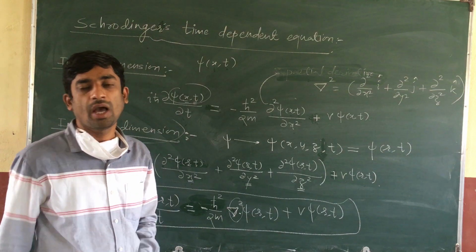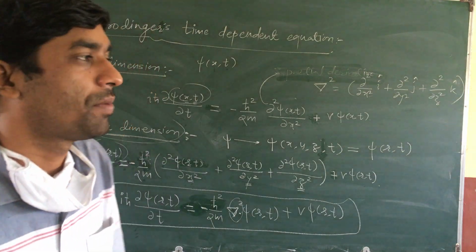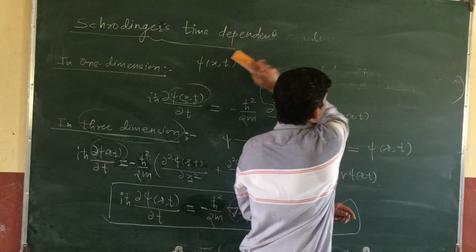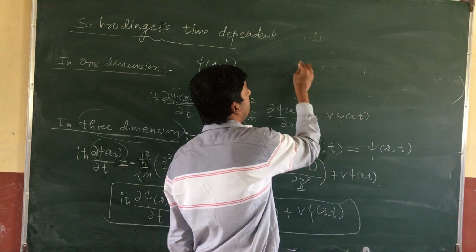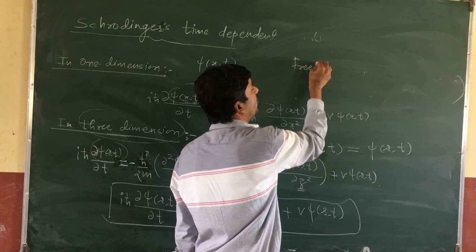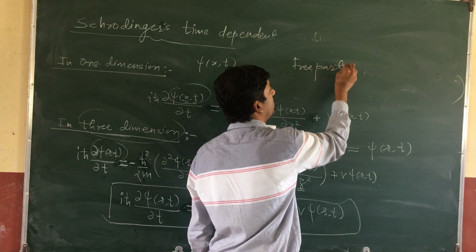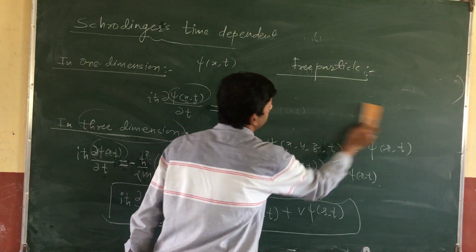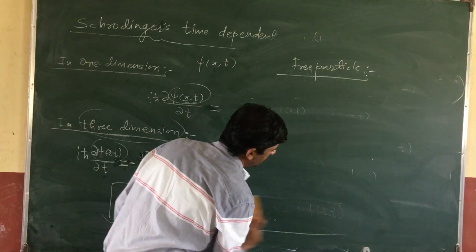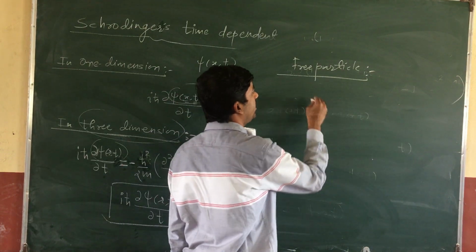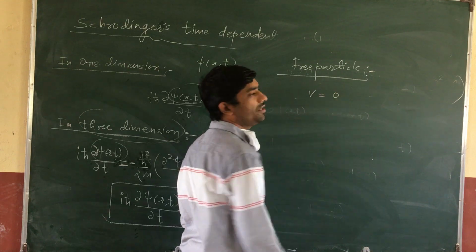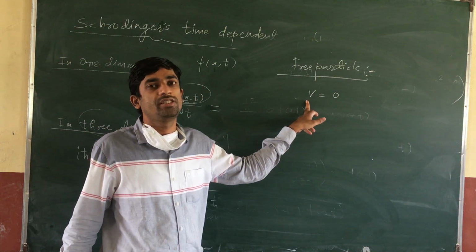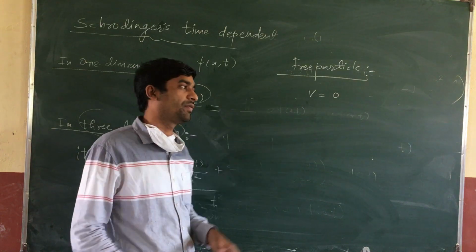Now if I have to find the equation for a free particle, then the potential energy for the free particle is 0. So I have to substitute the potential V equals 0 in this equation.